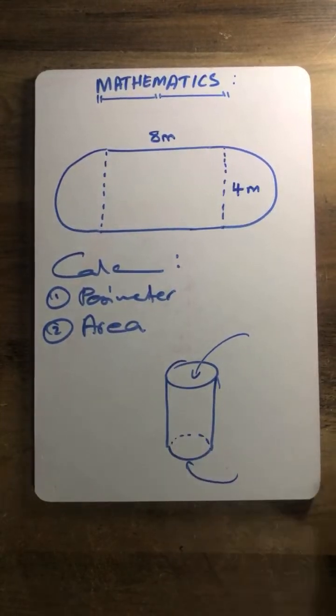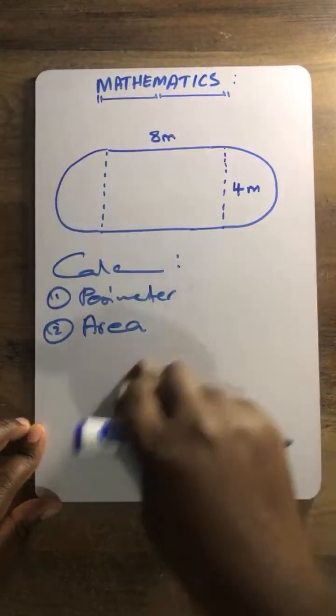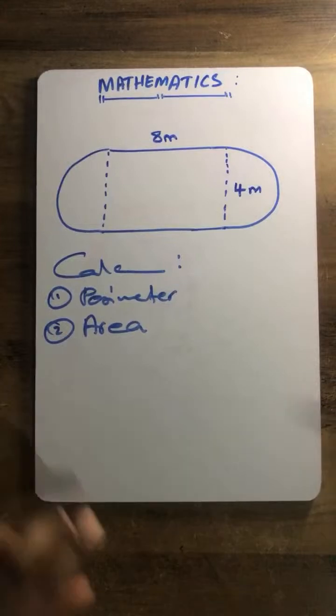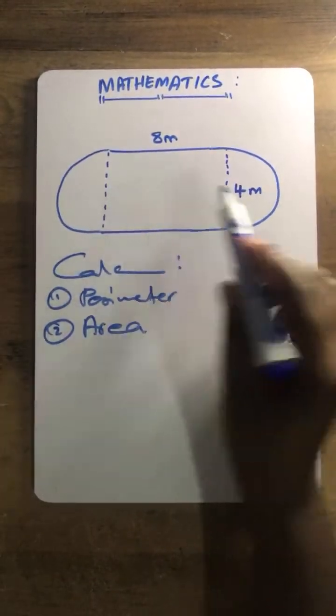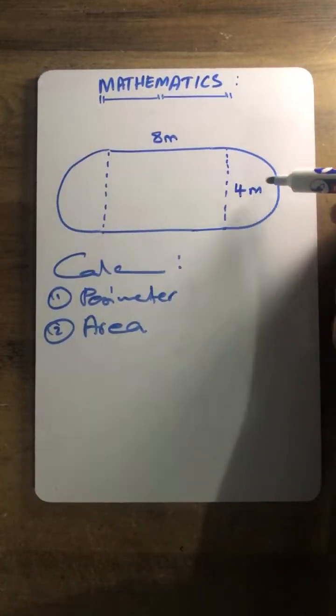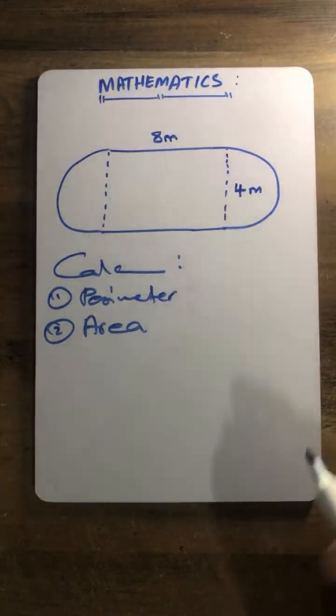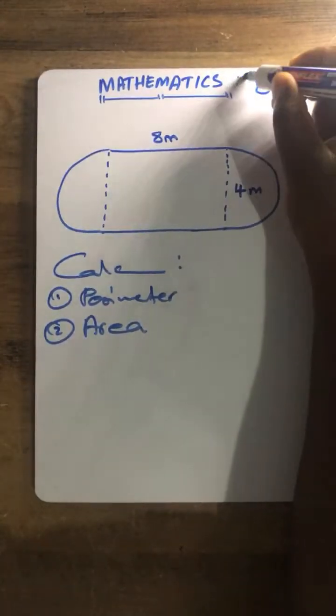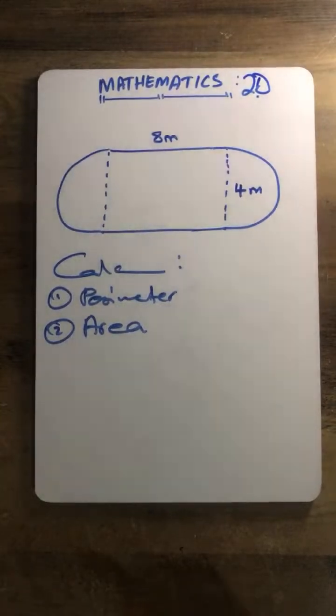That one, it's a rectangle, and then you have a half circle, half circle. This is a 2D shape, a 2-dimensional view shape, not a 3D.